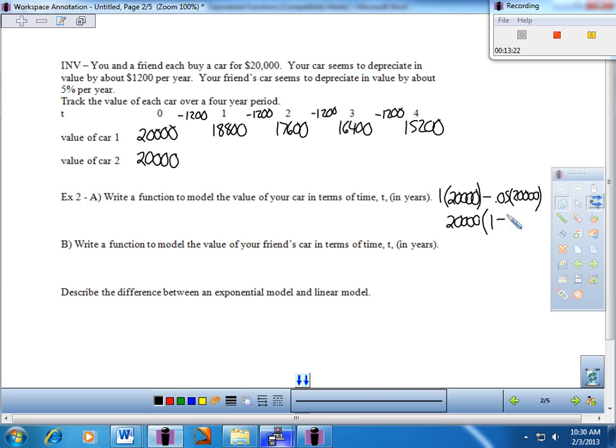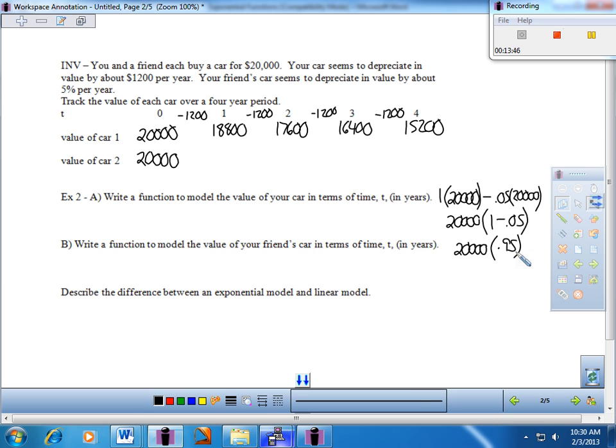It's not plus, it's minus, of course, 0.05. Everyone see that, factoring out the 20,000? And so what I'm looking for is a nice, quick, easy, efficient calculation to go from one year to the next. And it seems like I'm taking my value and multiplying it not by 0.05, that 5%, but multiplying it by 1 minus 0.05, which would be 0.95.